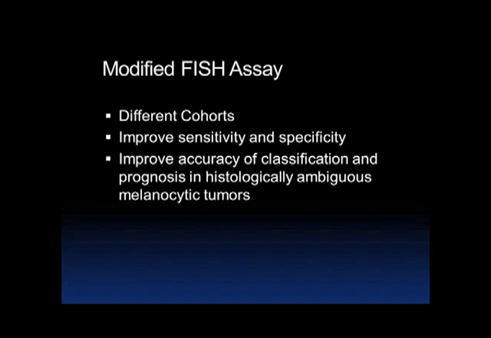And some of the groups that looked at this assay either had similar results, some had pretty bad results with it. So in general, there was a consensus that this test has to be improved in terms of sensitivity, specificity, and also in terms of accuracy for classification.